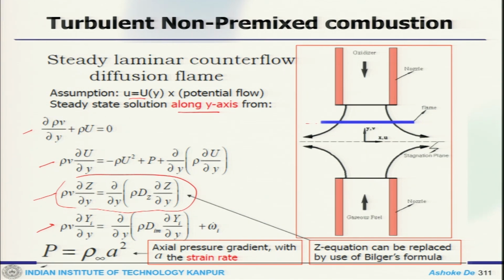And secondly, the pressure can be correlated with the strain and the density, so the axial pressure can be obtained. So without transforming the system, we can write down the system in this fashion.